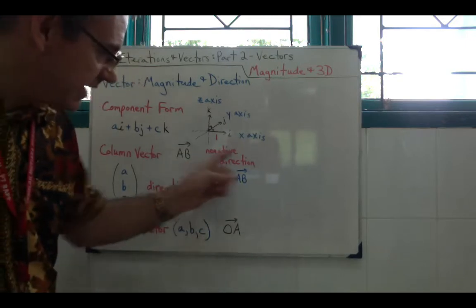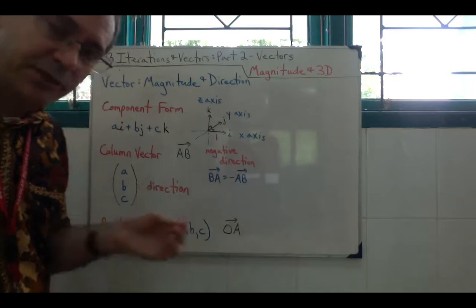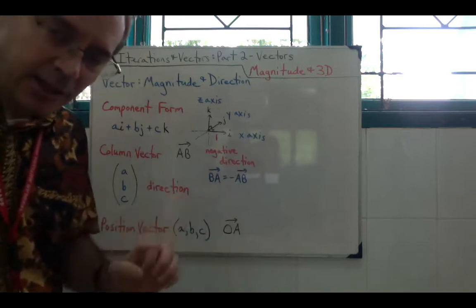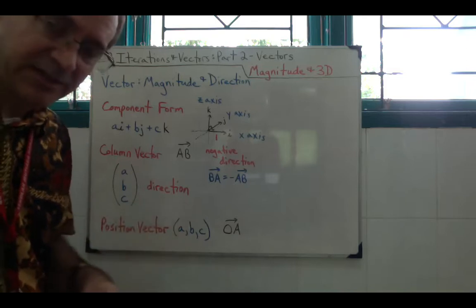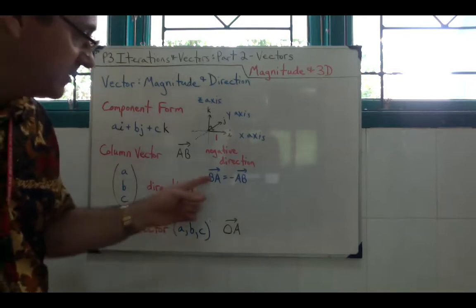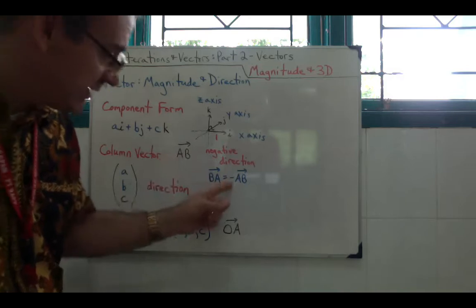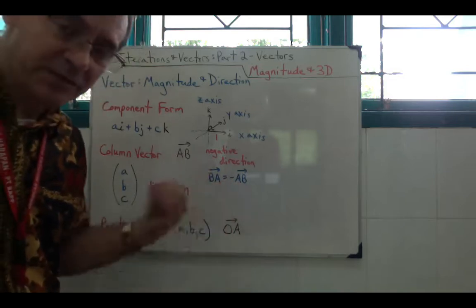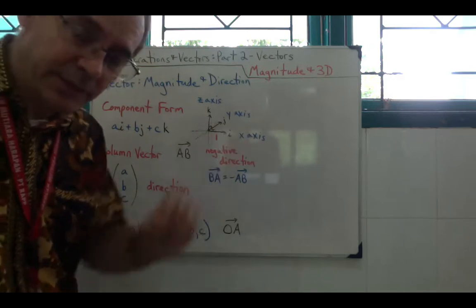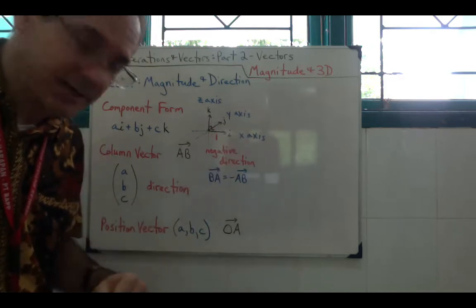Also, the negative direction. Don't forget when you're going backwards along a vector, it changes the sign of the vector. So B to A is actually a negative of A to B. And that's an important thing to remember, especially when we get into the dot product.